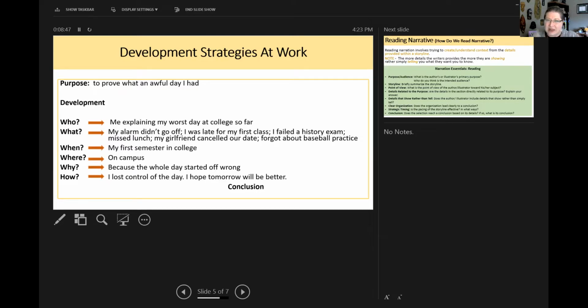How is this important? How does this actually connect? I lost control of the entire day, and I hope it's going to be better tomorrow. That might lead into a solid conclusion. So these are some of the strategies you can look at. When you analyze narration, you can look at these 5 W's and an H to help you analyze the text.